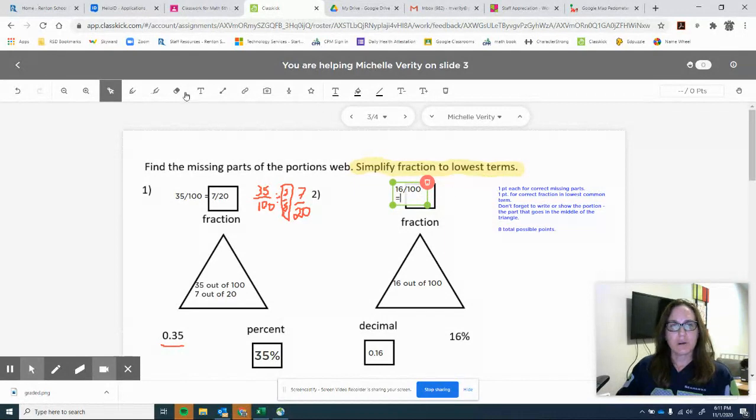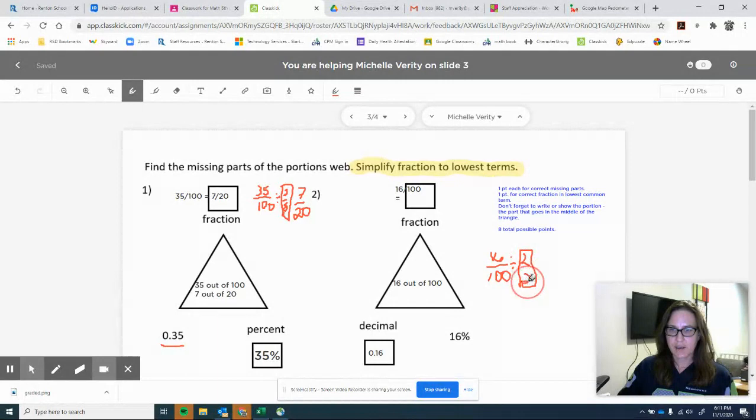So we're going to think about what we can divide by. 16 is an even number and 100 is an even number. So we're going to do 16 100ths divided by 2 halves, because they're both even numbers. So we end up with 8.